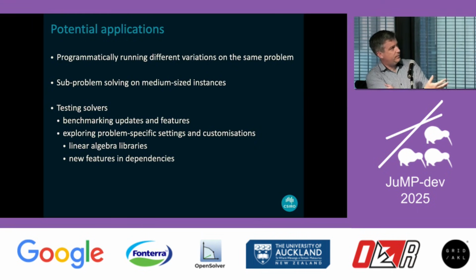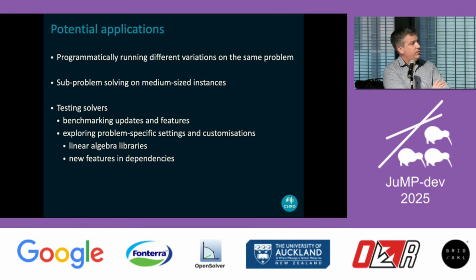We have lots of subproblems, medium-sized instances. Maybe you want to test solvers, so just benchmarking updates and features. I know this is all done on CI and people have workflows set up on this, but sometimes you want something a little more interactive and bespoke.